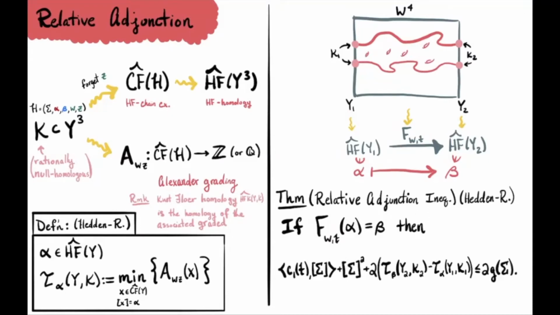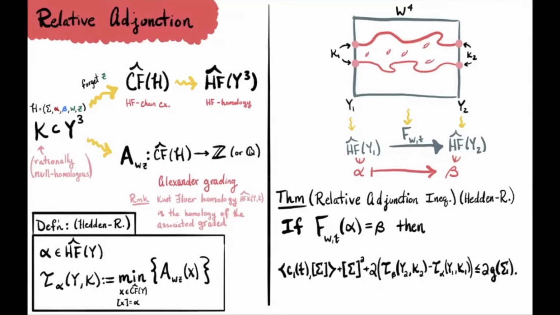But anyways, the theorem says the following. This is our relative adjunction inequality. If this map induced by my 4-manifold sends the class alpha to the class beta, then I have this inequality, which is a lower bound for the genus of this surface sigma sitting inside of my 4-manifold.